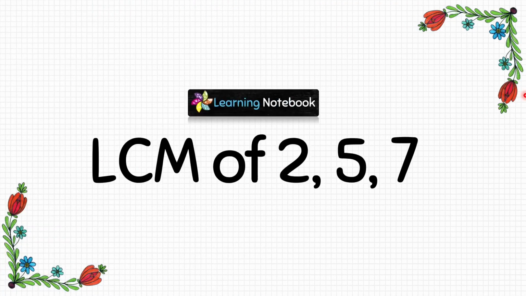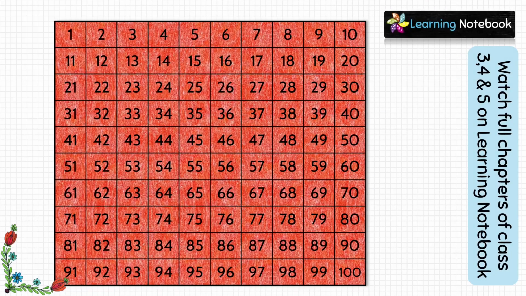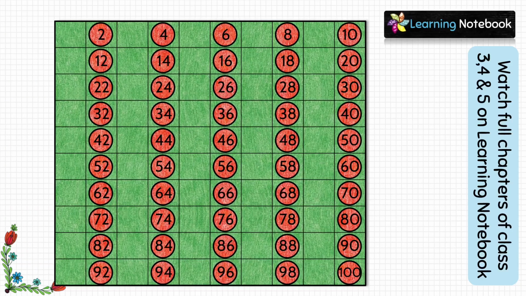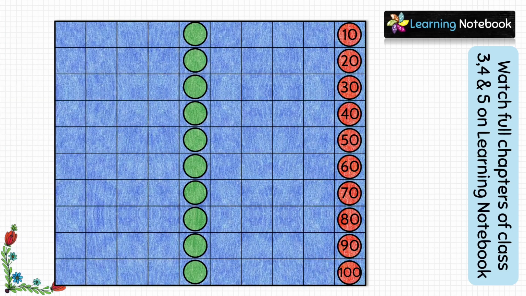Now let's see how to find the LCM of 2, 5 and 7. For this, let's place the green colored sheet over the red numbered sheet and we will get multiples of 2. Then we will place the blue sheet over this green sheet and we will get common multiples of 2 and 5.